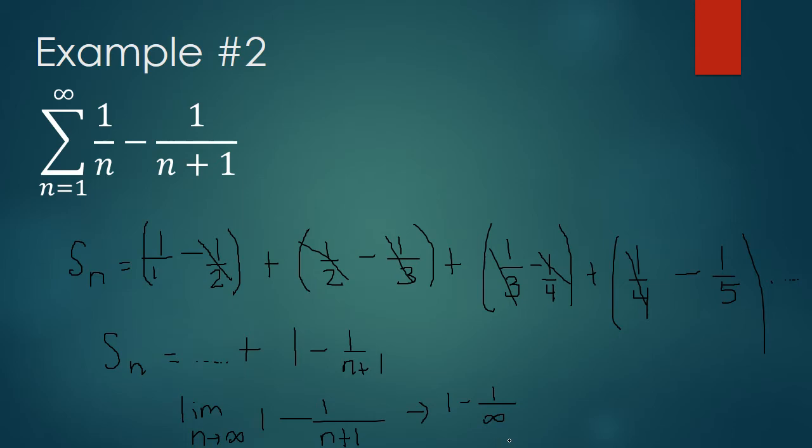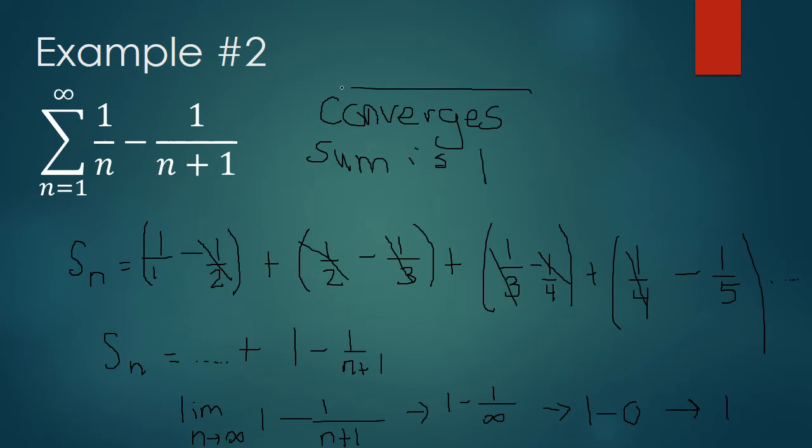Okay, well, 1 over infinity is 0, so that's going to give me 1 minus 0, which is going to give me 1. So the limit here is 1. Therefore, it's a number. It's finite. Therefore, this series converges. And the sum is 1.